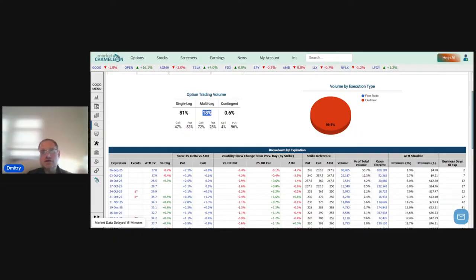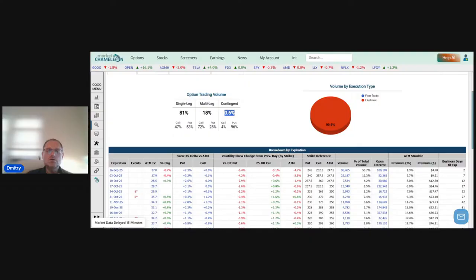It could be iron condor, butterfly, and then less than 1%, 0.6% of the volume was contingent, meaning that there was another component tied to it, like a stock. So entered in, let's say, buy-write. That would have been a contingent trade where you need a stock and option execution.